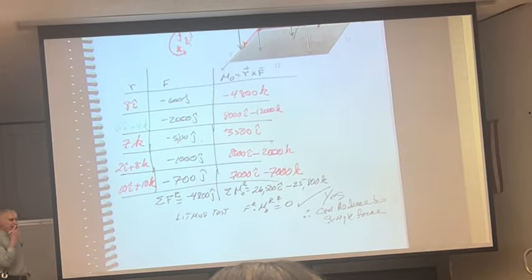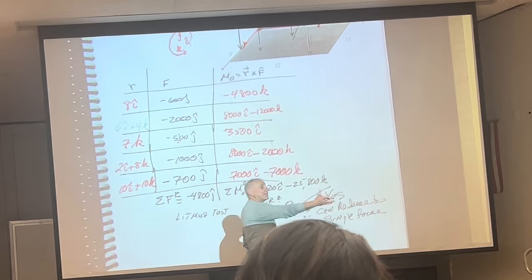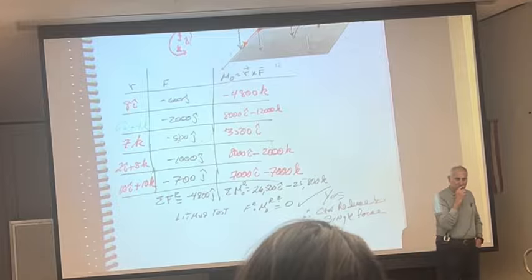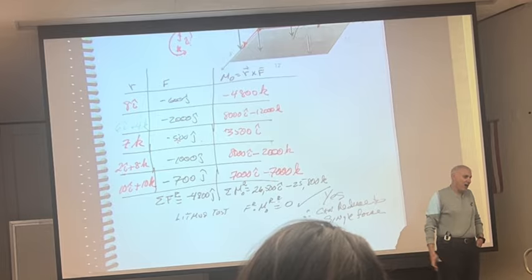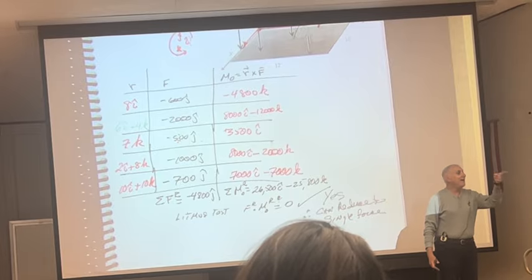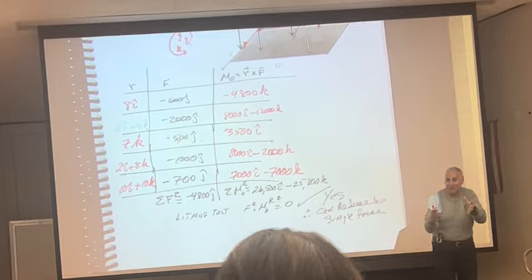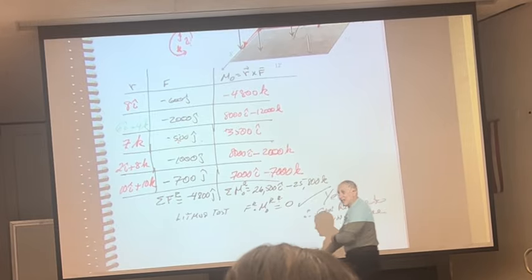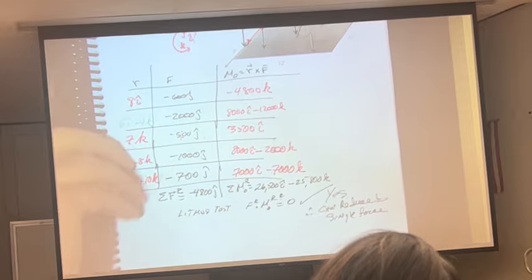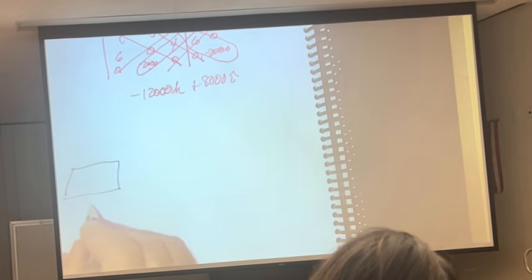I can. How do I get there? What is the single force? Negative 4,800J. That's the single force. Now the question is, where do I place that force on this slab? Here's a pictorial of what we've just done. This is the slab system 1.